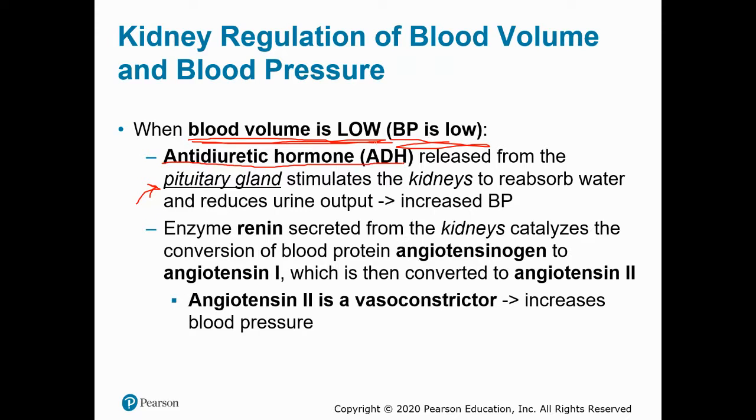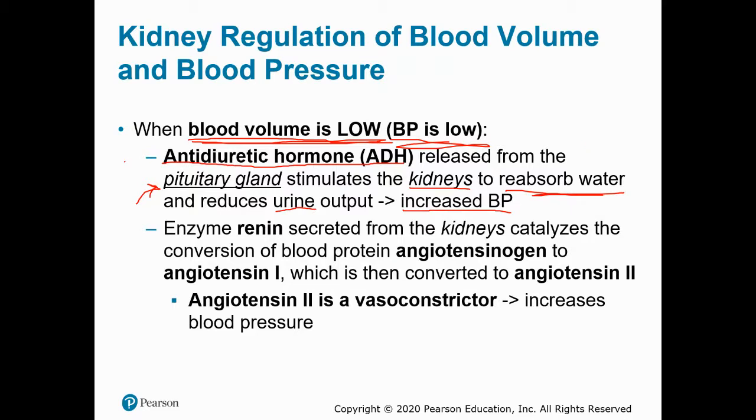Antidiuretic hormone is then going to travel to the kidneys and tell the kidneys to reabsorb water, decreasing the amount of water that's going out in the urine. As we decrease urine output, we're holding on to water, that's going to allow our blood pressure to go back up because that water is going to get reabsorbed and go back into circulation, back into the blood.